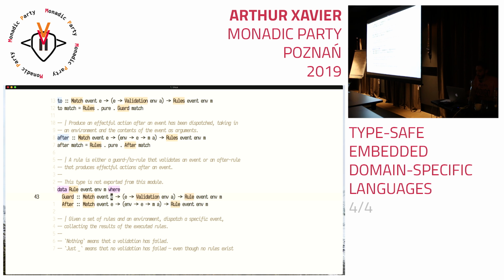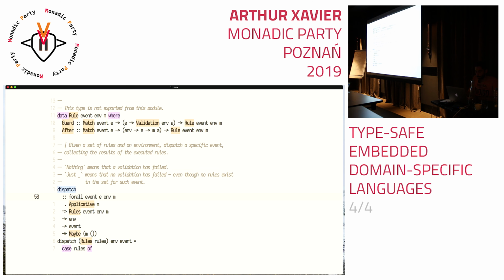So in order to consume a value of this guard thing, we must be able to case on any e. E has to be doubly polymorphic. It has to have another rank of polymorphism. We're not doing that explicitly here, but we must be able to do that if we wanted to.